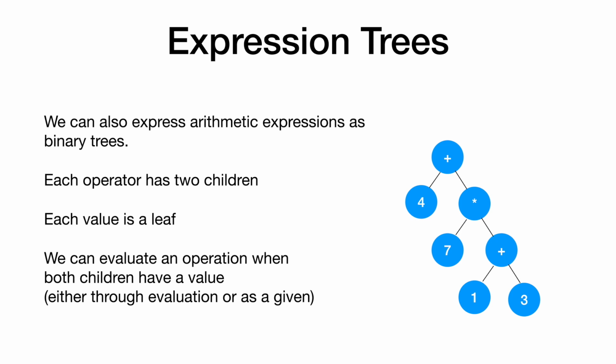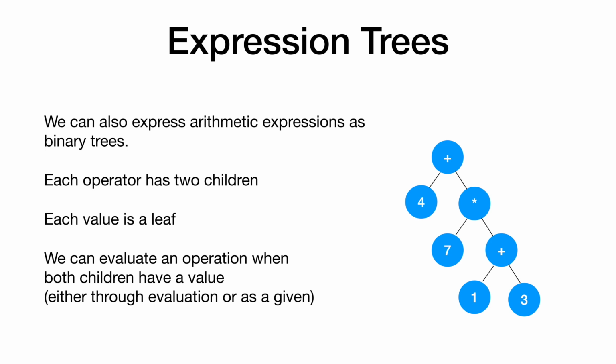So you know that the final operation is some addition between 4 and something else, and that something else is a multiplication between 7 and some other thing, and that other thing is an addition between 1 and 3. And in order for you to process the addition at the top, you have to process this multiplication, or you can't do anything. In order to process that multiplication, you have to process the addition.